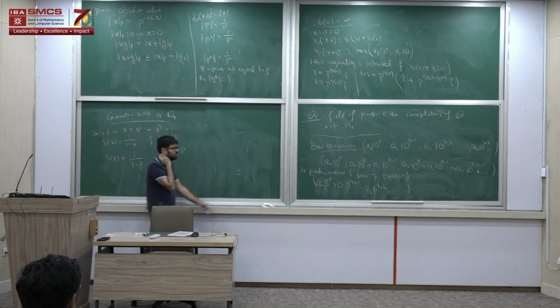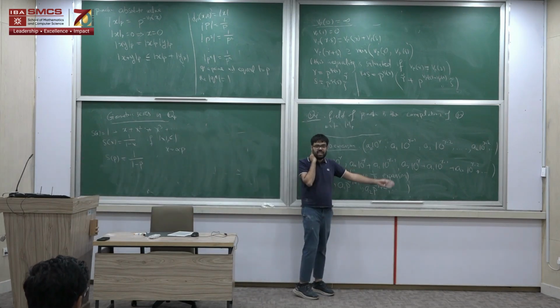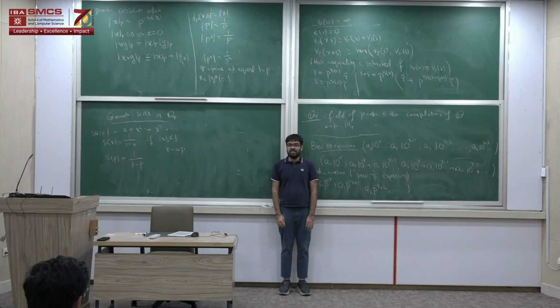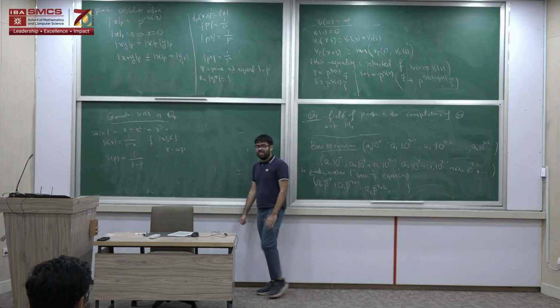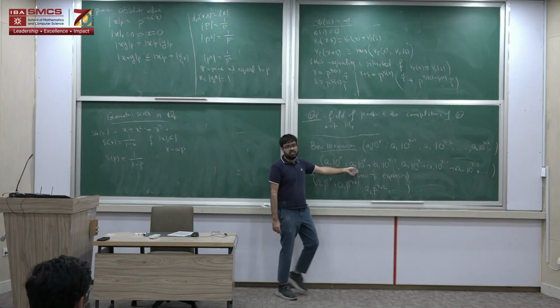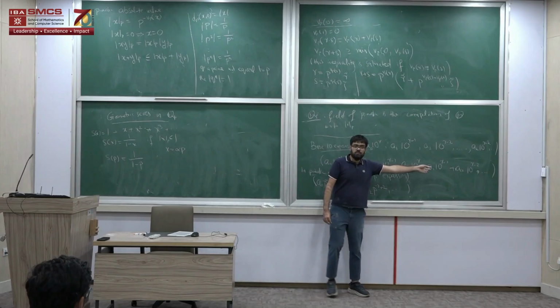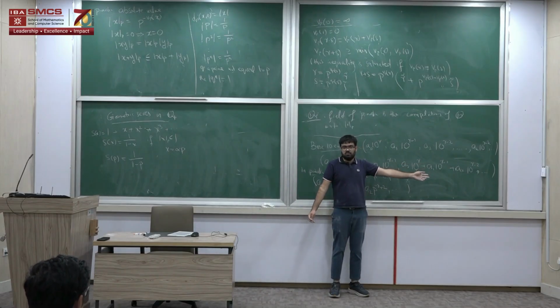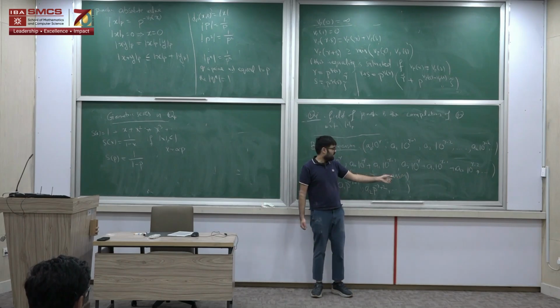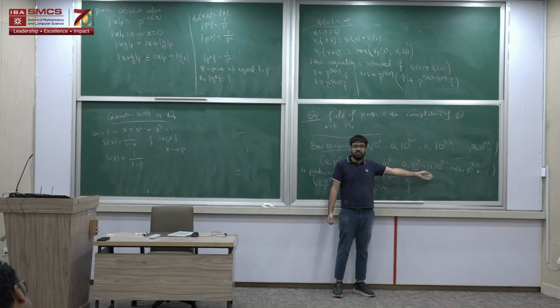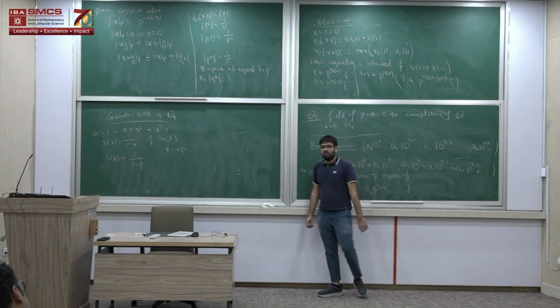Rational basically means two things can happen, and this is the same thing that happens when you want to know the relationship between the decimal expansion and the rational, like the p over q representation. If this sequence eventually becomes 0, you will get a rational number. But that's not the most general case. It can also become periodic after a certain point, and you will still get a rational number.